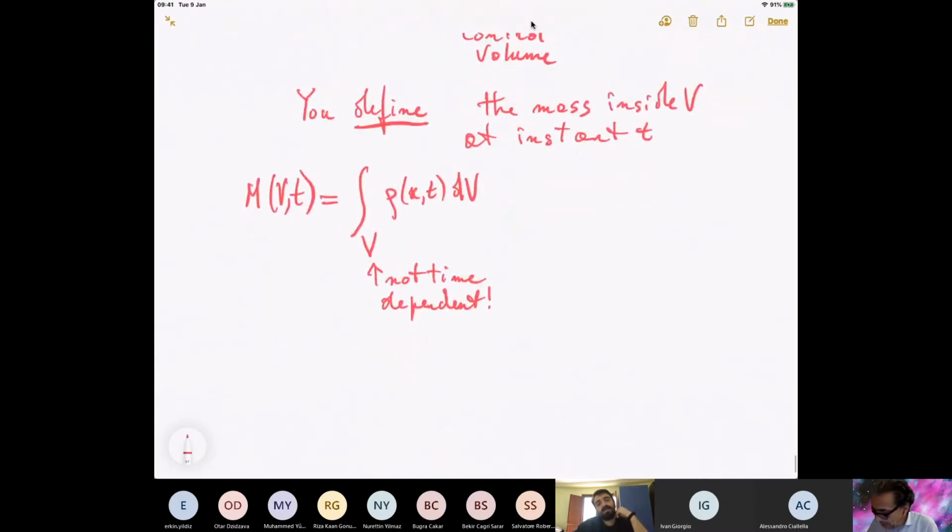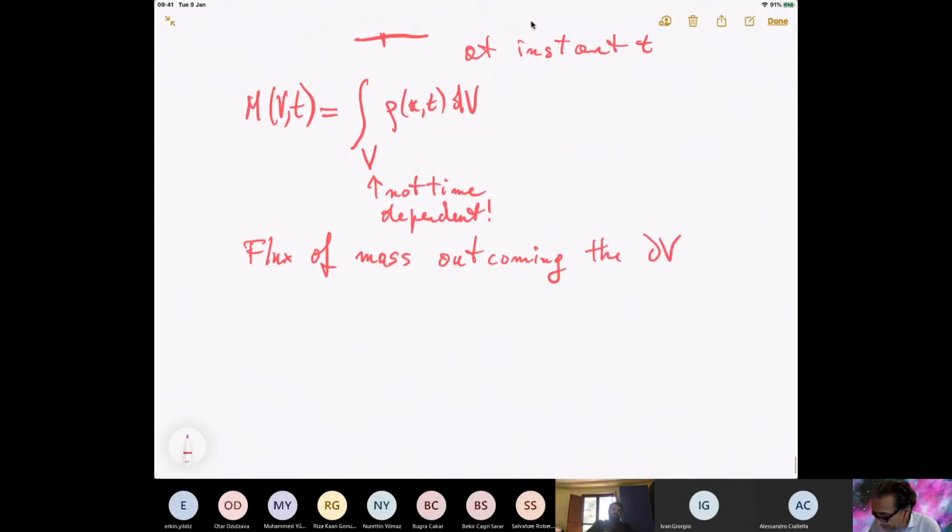Then the flux of mass outcoming through the boundary of V. At the boundary of V, there is a normal n.